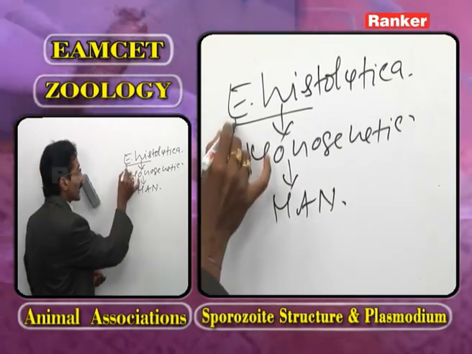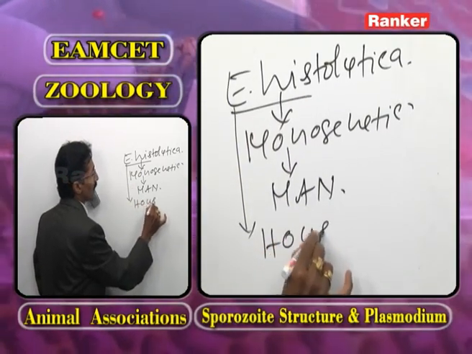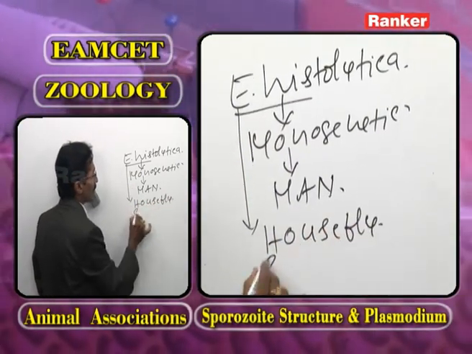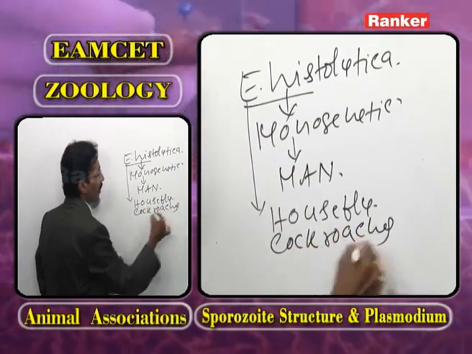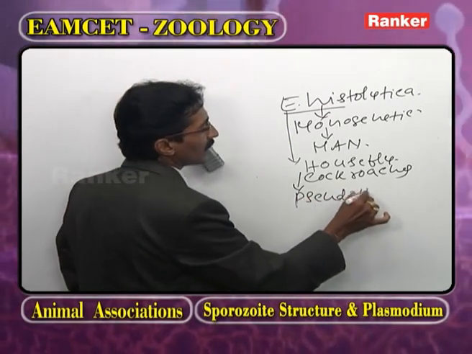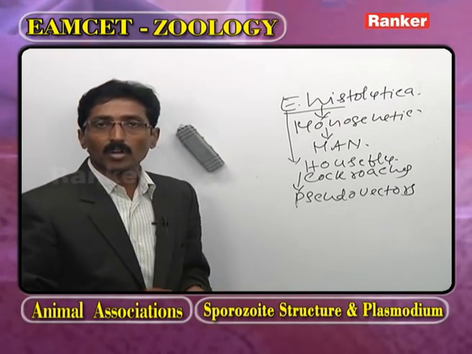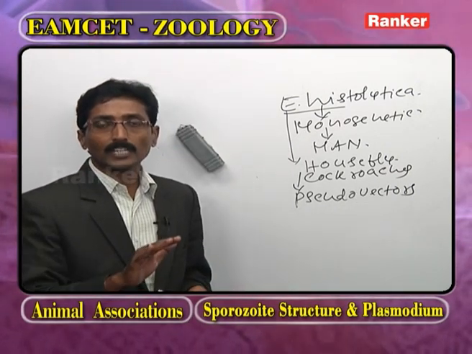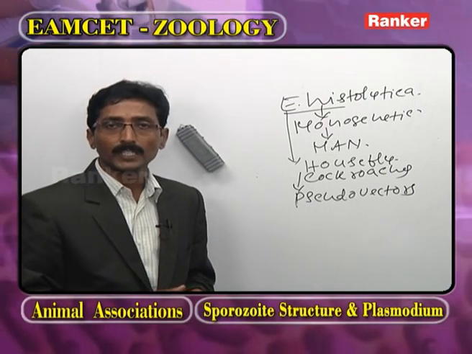In the life history of Entamoeba histolytica, as we observe, the housefly and cockroaches are said to be the pseudovectors, because in the body of the housefly, the Entamoeba histolytica never completes its life cycle.